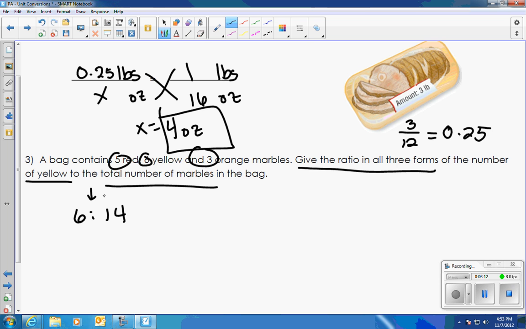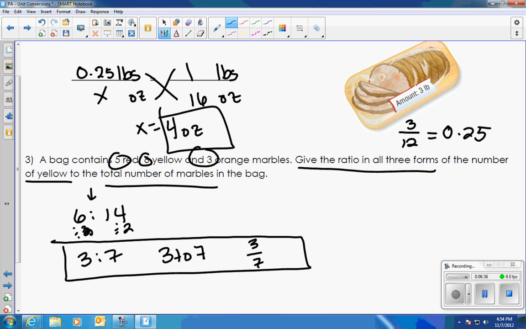This is one of the ways you can write a ratio. However, we always want to simplify our ratio. This is divisible by 2, and so is this. So this ratio really should be 3 to 7. We can also write that with the word "to" in the middle, or we can write it as a fraction. And that's how we write our ratio in all 3 forms.